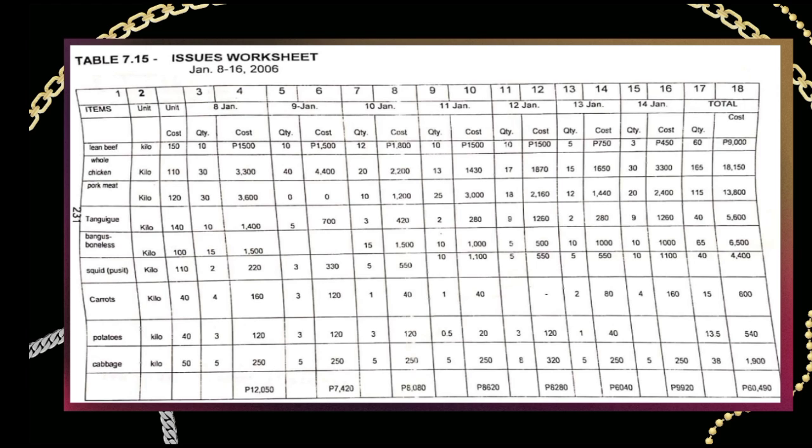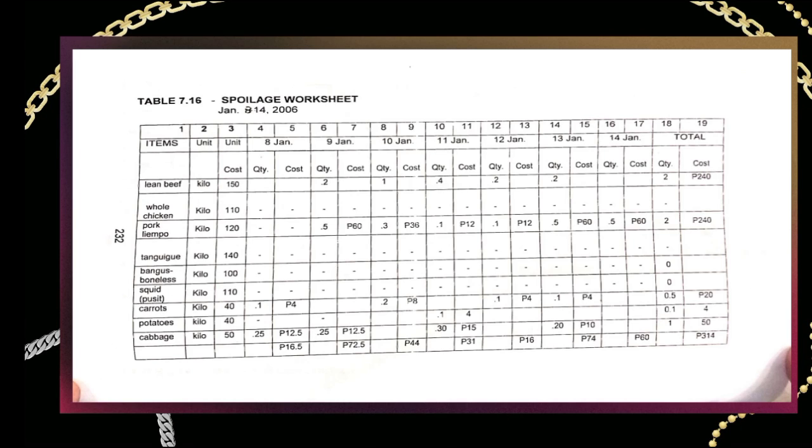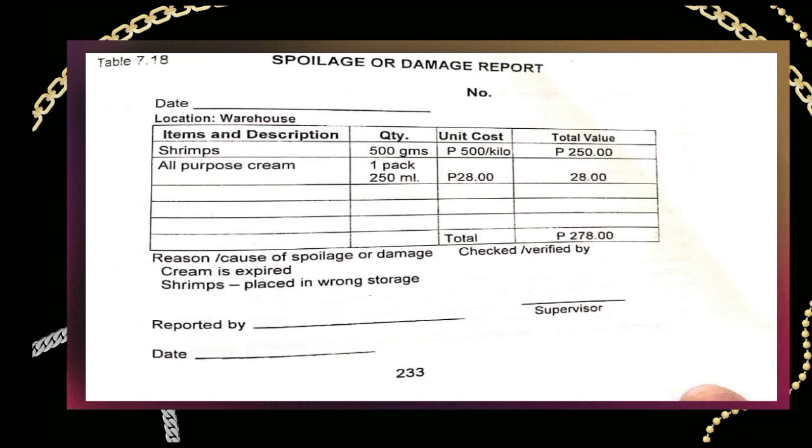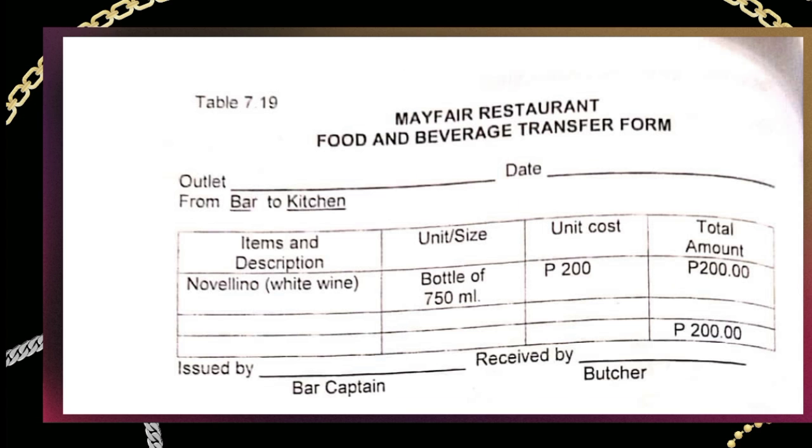Any excess is matched with the next available cost in the inventory worksheet. The items are categorized for further analysis of consumption. Spoilage worksheet. This worksheet records all spoiled or damaged items, which is necessary as it affects the food cost.